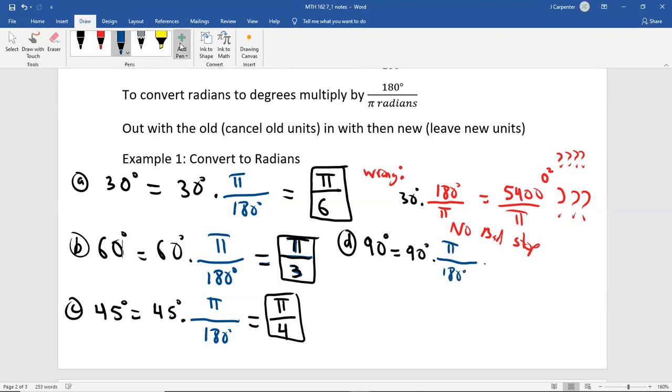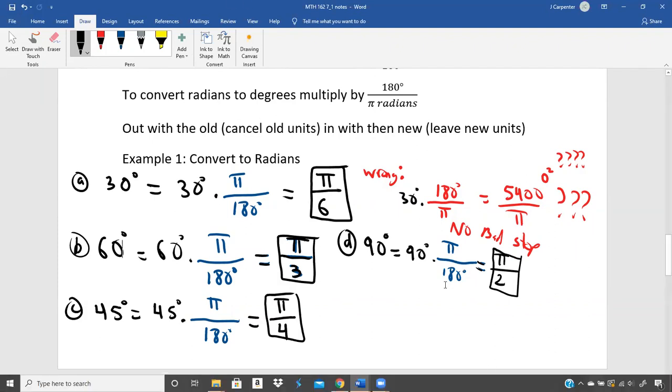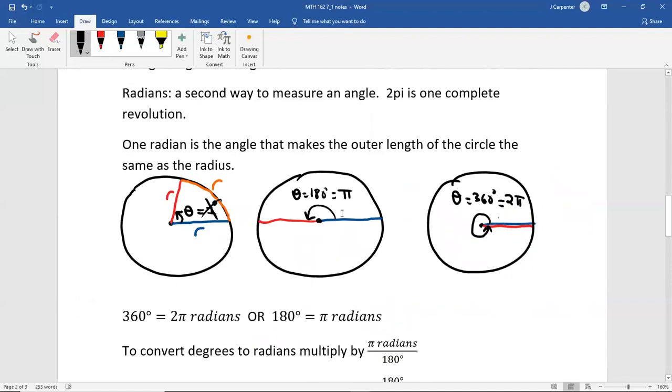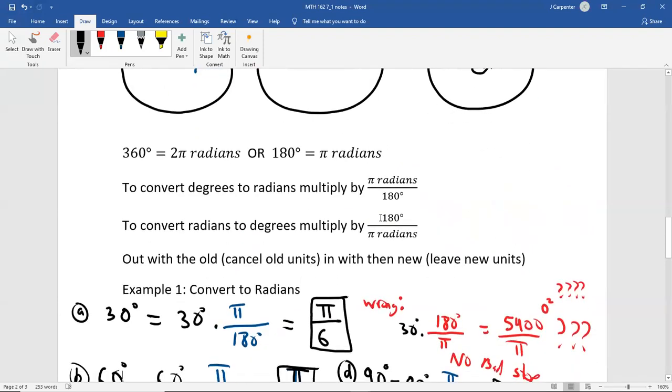With the old and with the new, 90 and 180 would reduce to half. Pi stays in the top. So pi over 2 is the answer in radians. So 90 degrees is equivalent to half of pi. I feel like that one makes sense because 180 degrees is a full pi, 90 is half of pi, pi over 2.